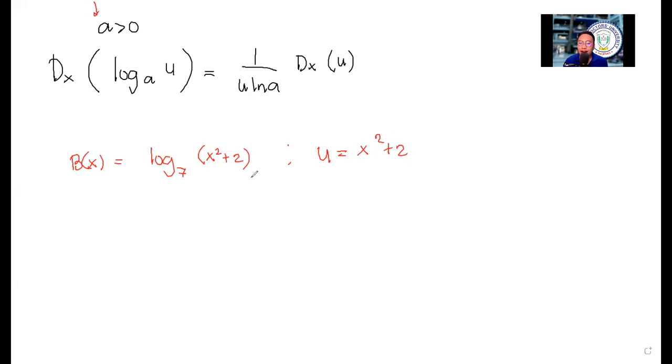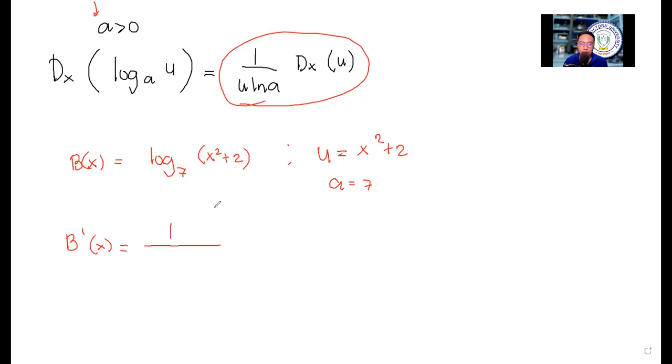So if we wish to find the derivative of that function, that's going to be very easy. We just have to follow this pattern. 1 over our u, which is x squared plus 2, times ln 7, times d/dx of u, x squared plus 2.